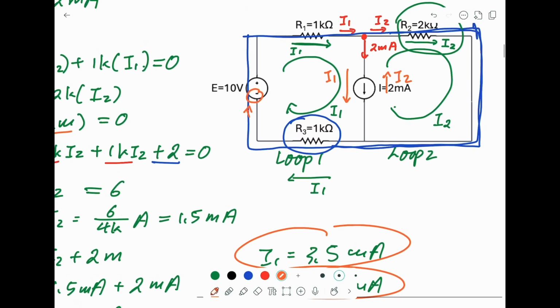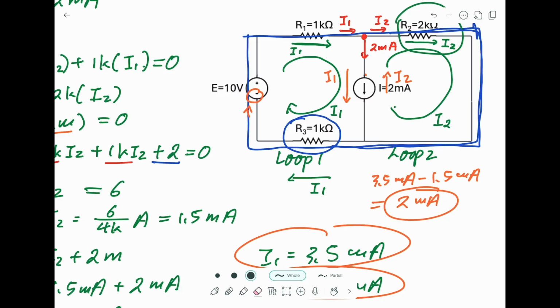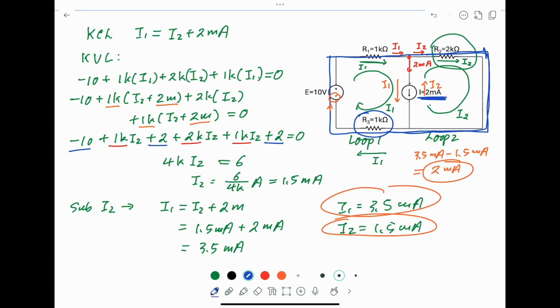So the physical current passing through the middle point is 3.5 milliamp minus 1.5 milliamp. So this is 2 milliamp, and this is exactly what we are given. The value of the current source is 2 milliamp going down. So everything is consistent.